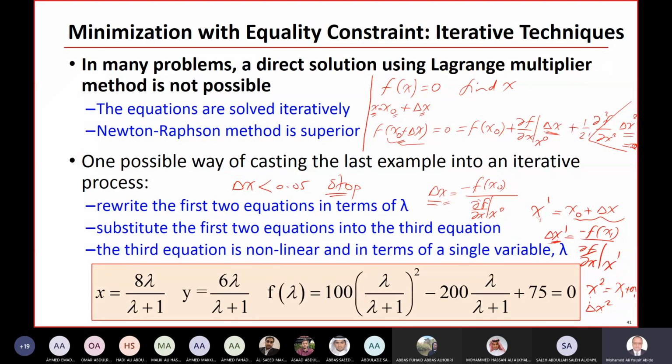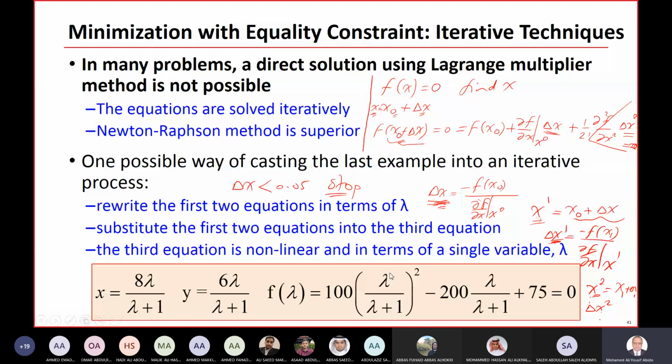So this is an iterative method: at the beginning you start with an initial solution x0, then you calculate the increment delta x and add it to x0 to get a better solution, and you calculate delta x1 and get a better solution, and so on.